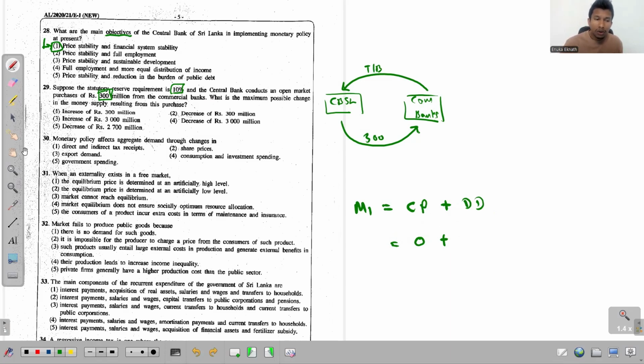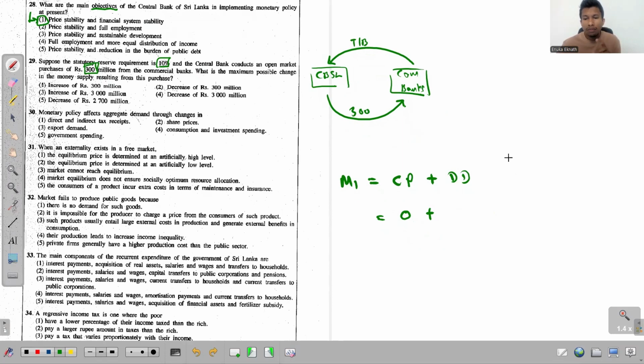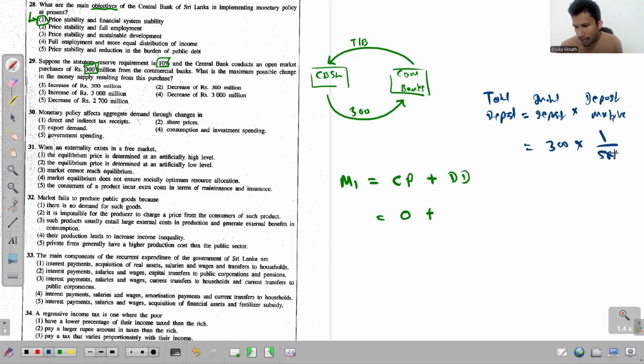So to find the total impact on demand deposits, let's do a small calculation. Let me write total deposit. Total deposit is equal to the initial deposit multiplied by the deposit multiplier. The initial deposit is just 300 and the deposit multiplier is equal to 1 over SRR.